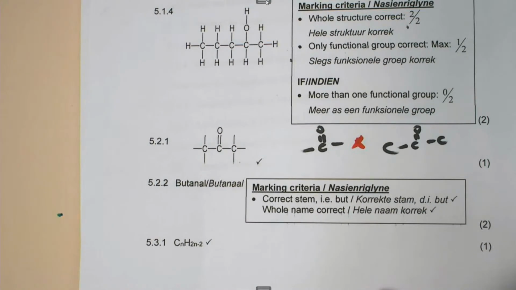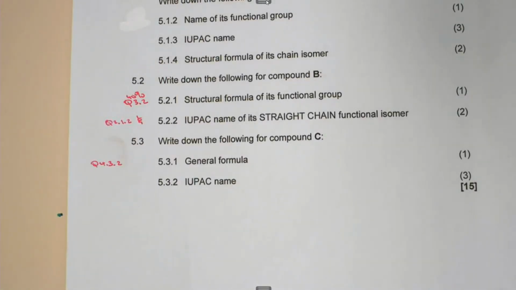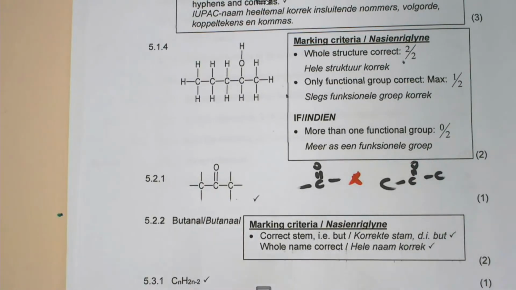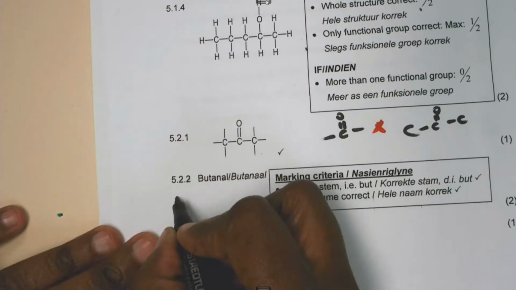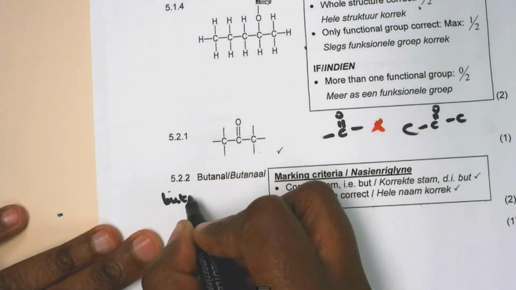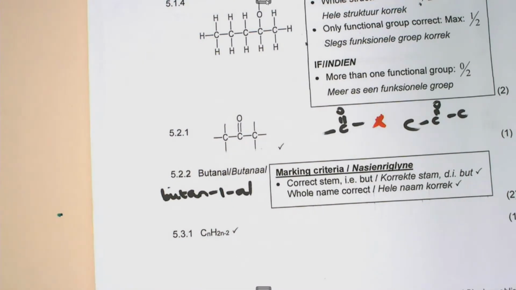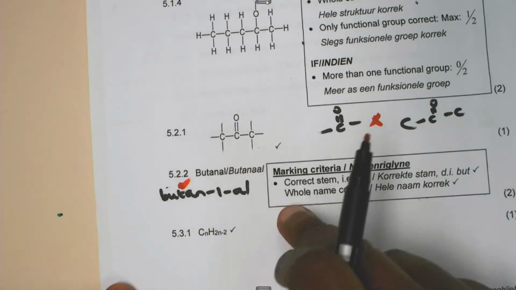Now, also for that one, colleagues, last year in the internal moderators report, for question 2.1.2 and another question in question 4, learners were writing the number next to the al there, showing that the functional group of an aldehyde is on carbon 1. For example, if the learner writes butan-1-al, remember it's 2 marks here, colleagues. It's 1 mark for the but, and then it would have been 1 mark if everything else is correct.